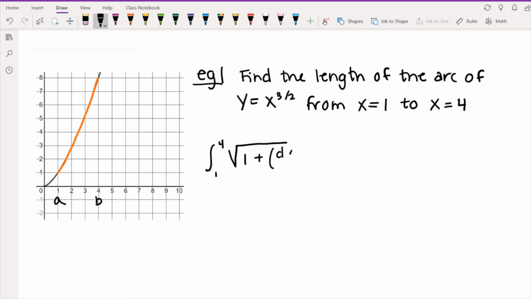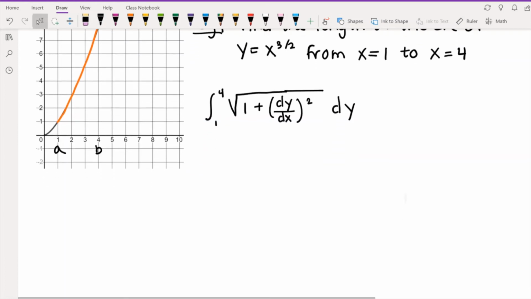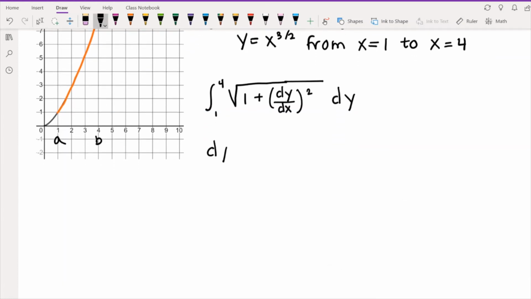In this case, because it was given to us not in f of x notation, but in y equals notation, I'll write it this way. So what is dy dx in this case? Well, we use the power rule, right? So we bring down that 3/2. So we have 3/2 times x to the, and we subtract 1 and we get 1/2.